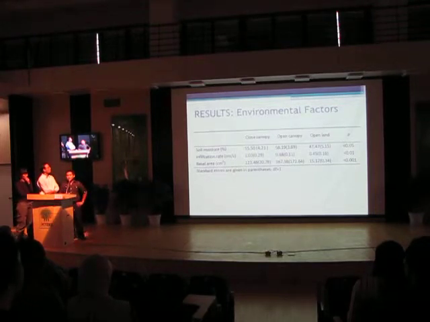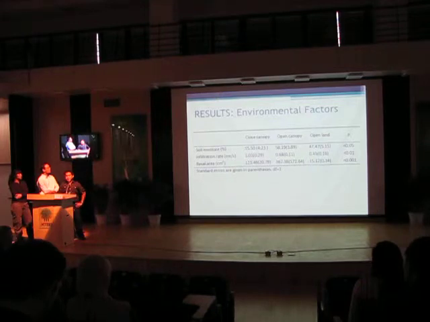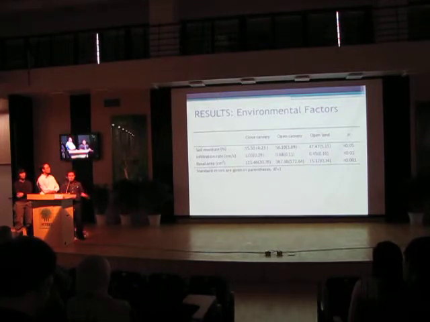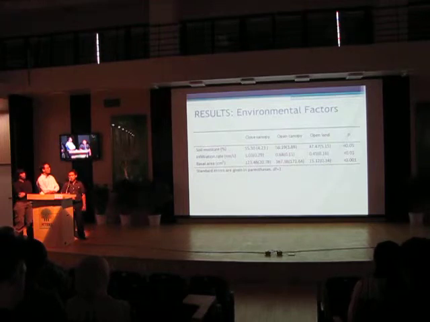In this study, we also wanted to know what factors affect the variation in soil macrofauna abundance. We also looked at three factors: soil moisture, infiltration rate, and basal area. They are also significantly different in different canopy types.